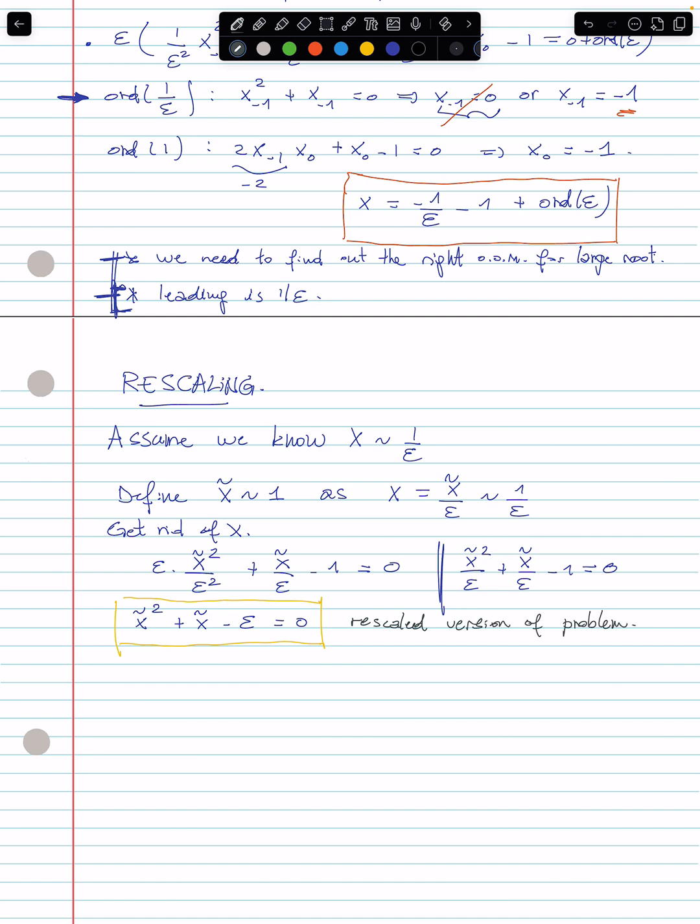Okay, and this is neat because at leading order, we have something that is of order 1. Same, of course, over here. At leading order, we'll obtain something that is of order 1. And so how do we solve this? This is a regular problem now, right? There's no reason for this equation to be singular. So we use a regular ansatz after rescaling.